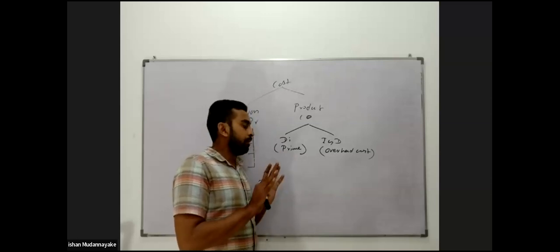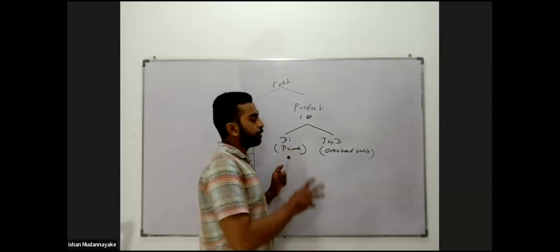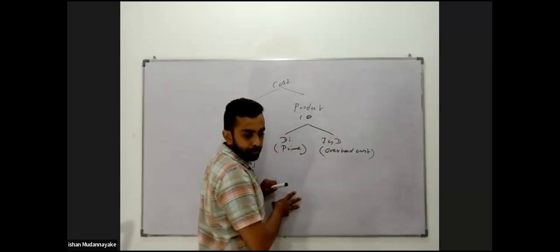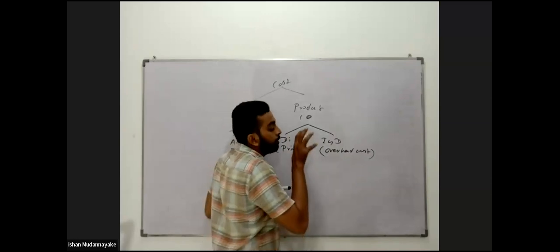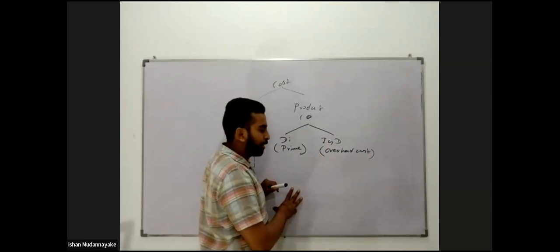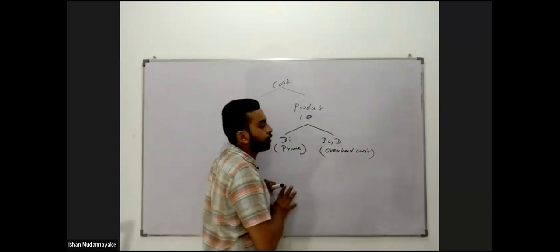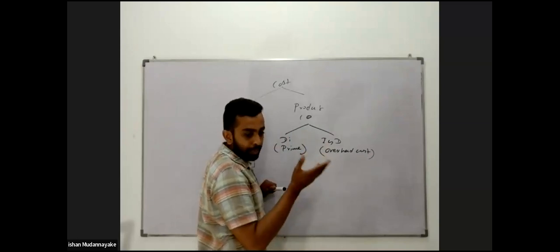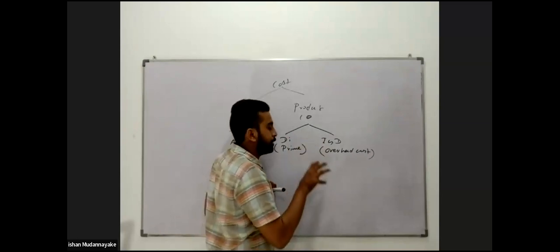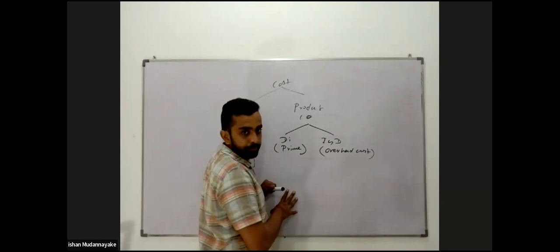But overhead cost will not change with the manufactured quantity. For example, factory rent will not change with the manufactured quantity. Salary payment for the security person in a business organization will not change with the manufactured quantity.